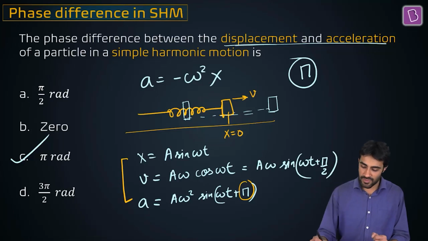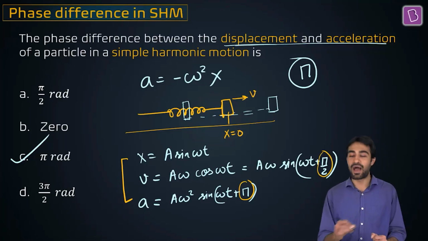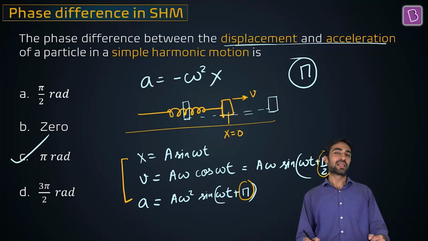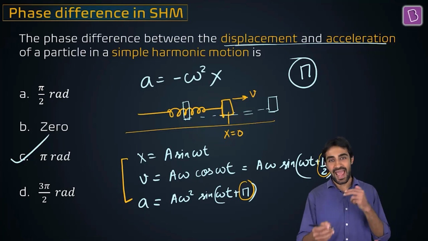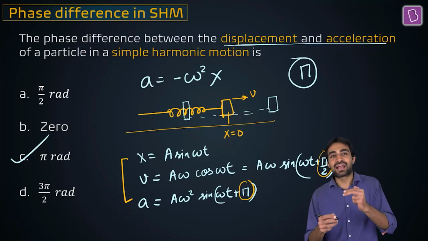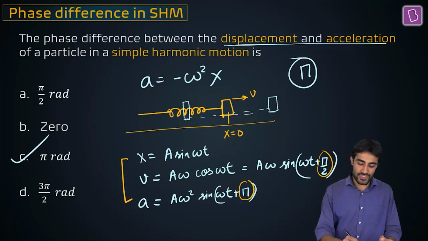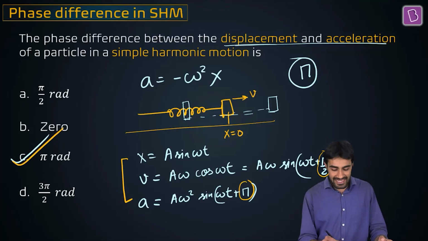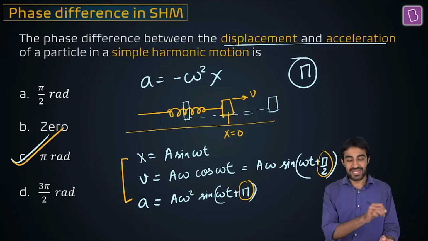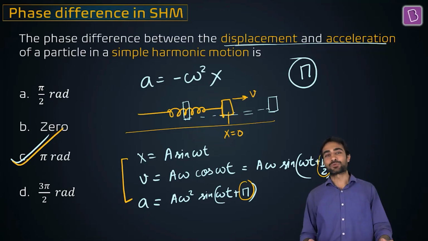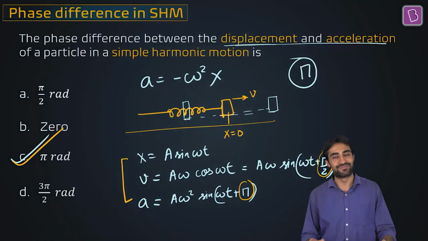Now the phase difference between x and v is pi by 2. Wow! So we know the phase differences between x and v, v and a, x and a. Everything. So option C is the phase difference between x and a, displacement and acceleration, and pi radian is the right answer for this question.